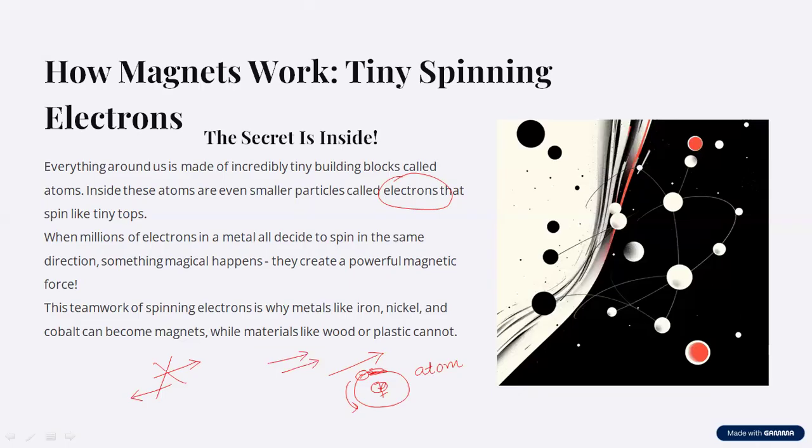So the force cancelled out. That is what happens in most of the materials. But in some materials like iron, nickel, cobalt, the net force is there in one direction, and such materials are the ones having magnetic properties, right?